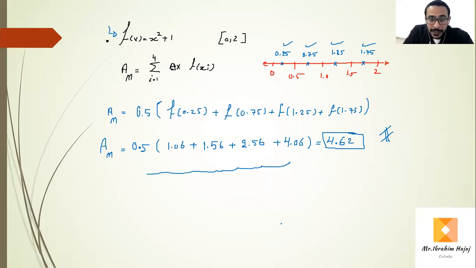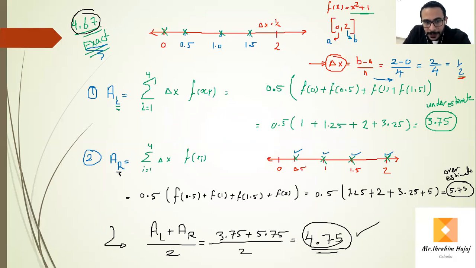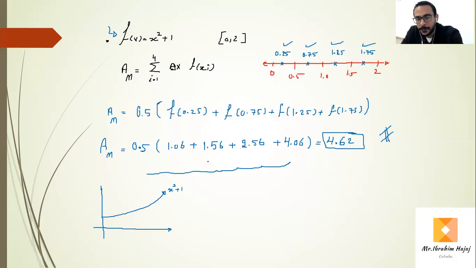Okay. No, Mr., we still have to graph only the three cases. Yes, the first case, here is the graph of x squared plus 1. Let's graph the first one by using the left endpoint rule. We went from 0 till 2, right?